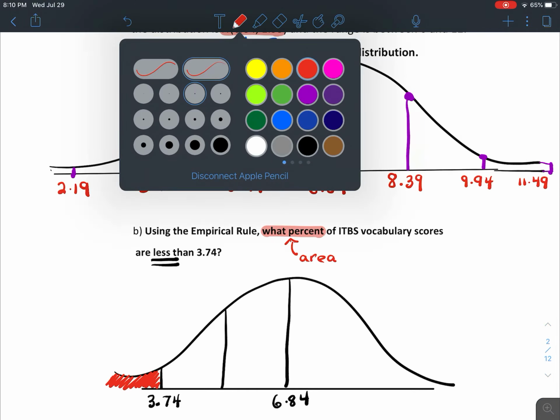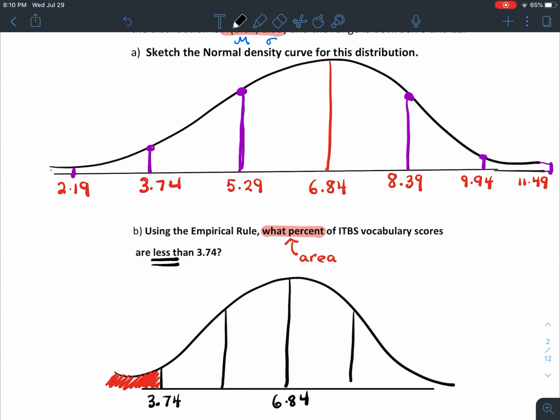Now let's think about the empirical rule. Since I marked 2 standard deviations to the left, I'm going to mark off 2 standard deviations to the right. Here's what we know. If you travel 2 standard deviations to the left and 2 standard deviations to the right, that includes 95% of the data.